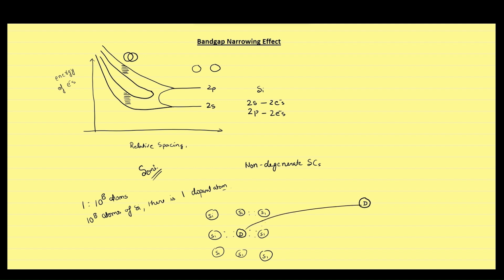But let's say the concentration of the dopant is increased to such a high value that the dopant atoms start interacting with each other. After that, not only the silicon but the dopant energy levels also degenerate and begin to follow this particular graph. As they come close, the energy level of the dopant atoms also degenerates into many closely spaced energy levels.